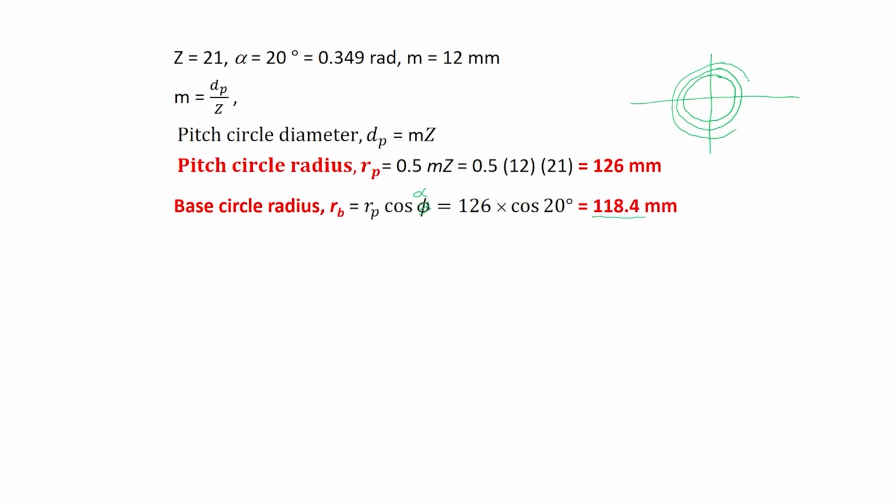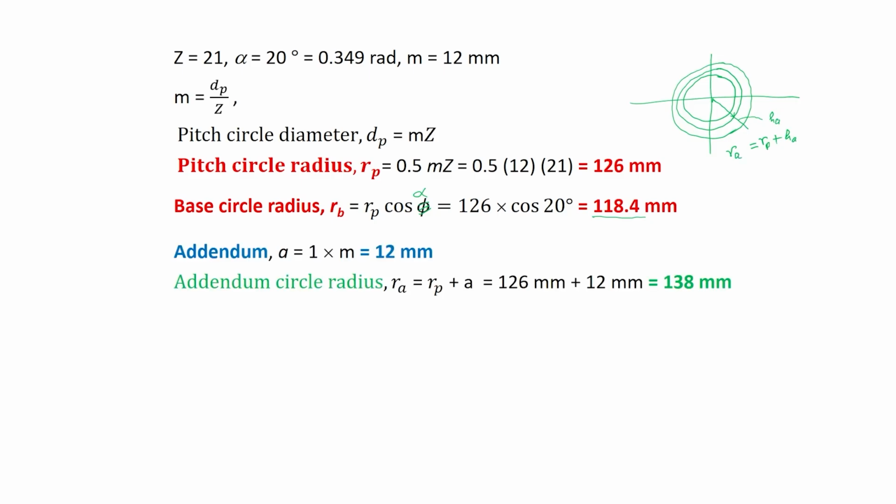Addendum circle radius will equal the pitch circle radius plus the height of the gear above the pitch circle, which is the addendum. Therefore, addendum circle radius is equal to the pitch circle radius plus addendum, which is HA. So, RP plus HA will be the addendum circle radius.